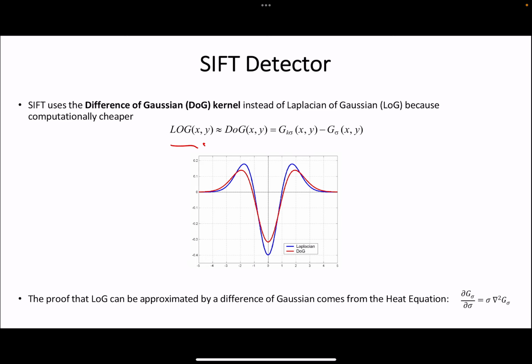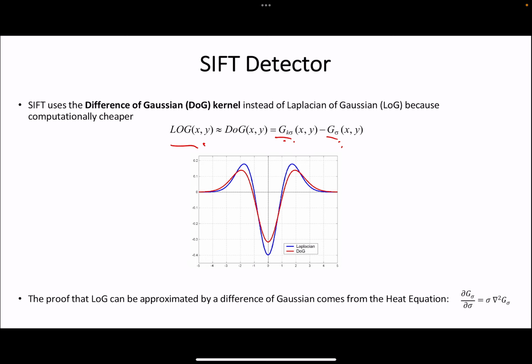We apply a Gaussian filter using different standard deviations. I said applying a Gaussian filter makes the image a little bit blurry. So this is just a pixel-wise difference between images from Gaussian filters with different standard deviations.